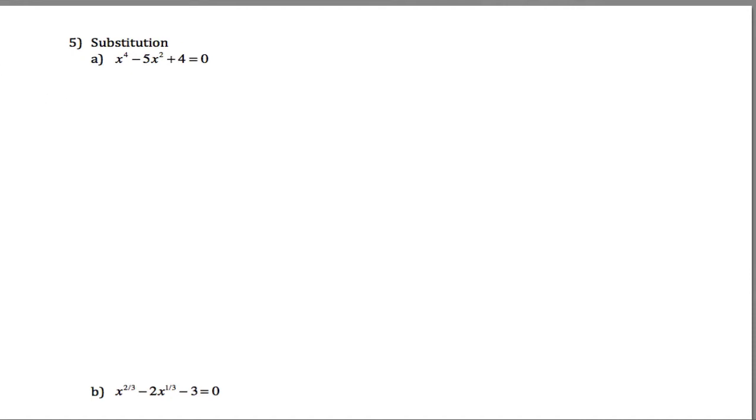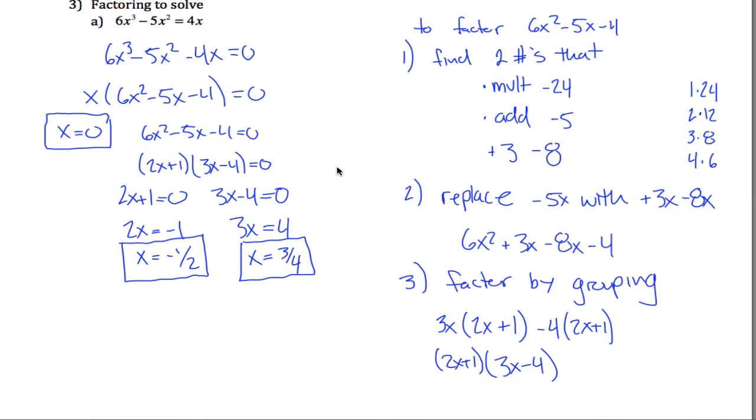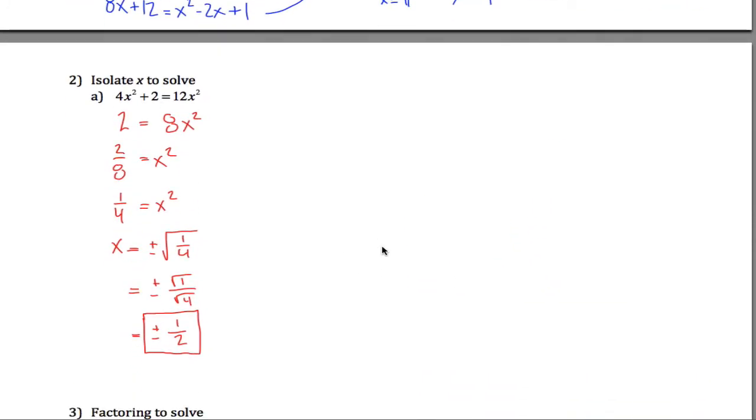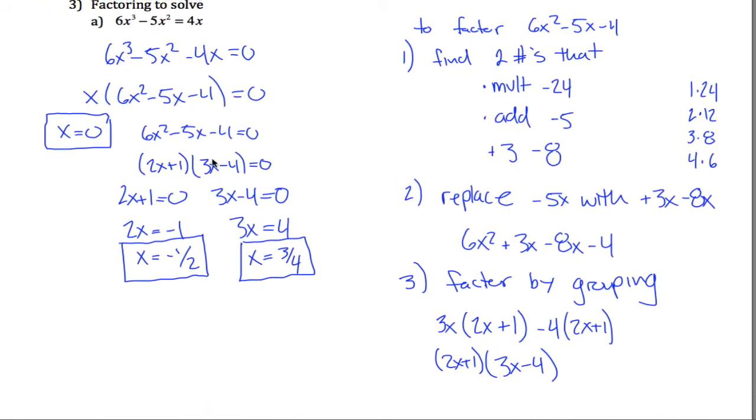All right, a few more problems. Substitution. The idea with substitution is you'll be given a problem that is pretty close to this type of problem. You'll be given a problem that's pretty close to 6x squared minus 5x minus 4 equals 0.